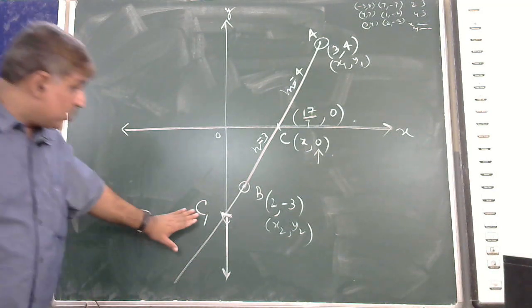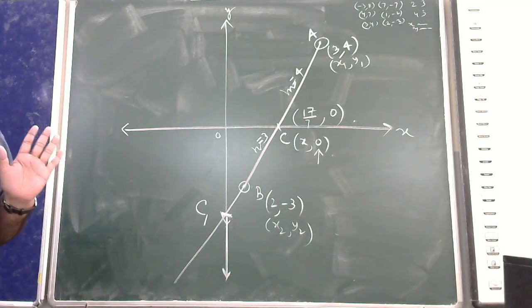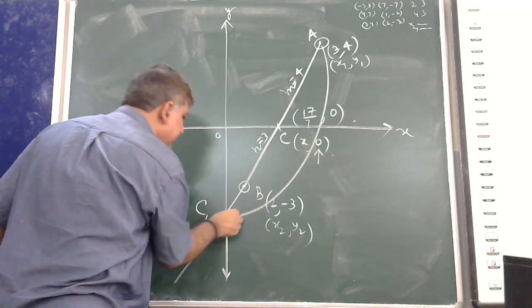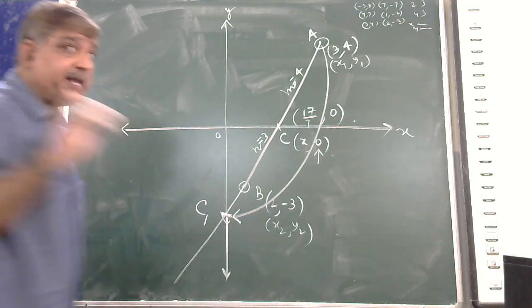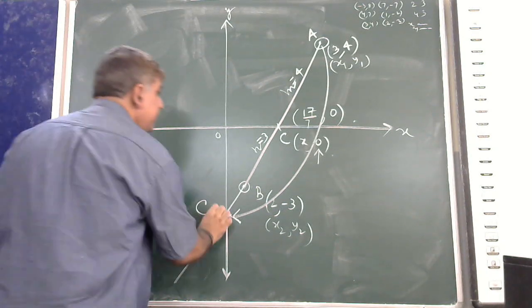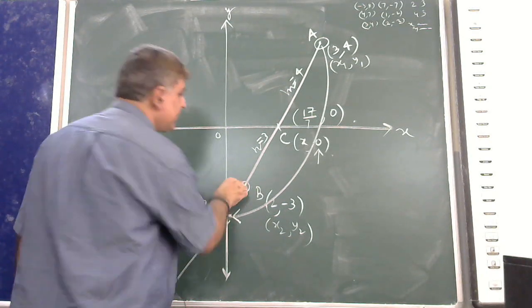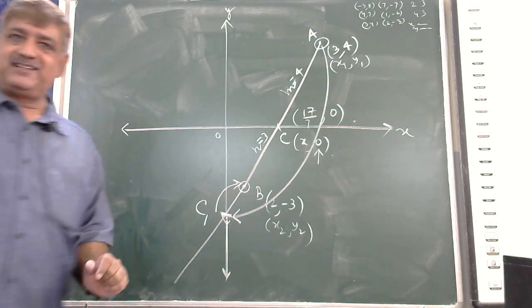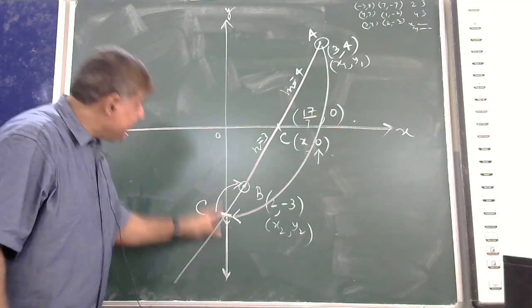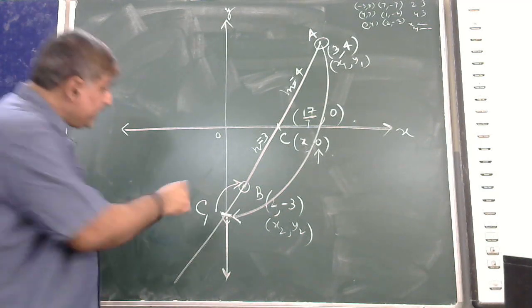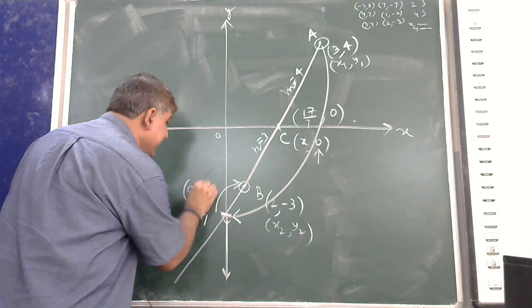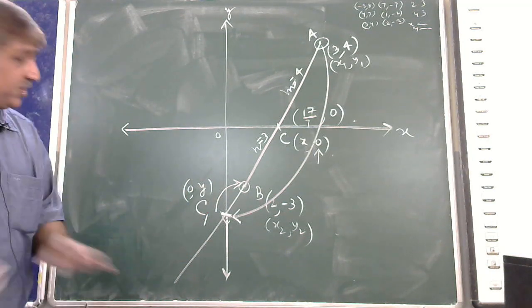Now we need the coordinates of C1. From A to C1 we take this ratio as m, and C1 to B as n, so this is the case of external division. And for any point on the y-axis, we have 0 as its abscissa and y as its coordinate, 0, y.